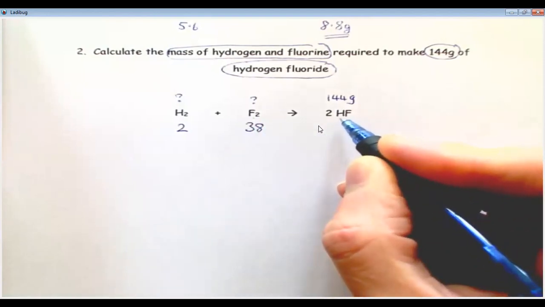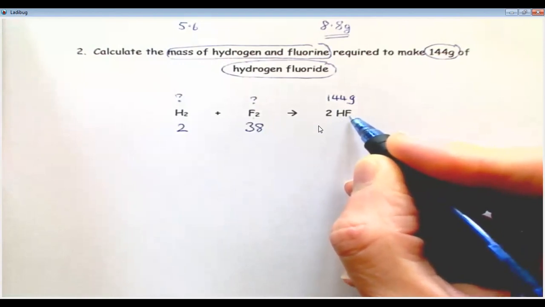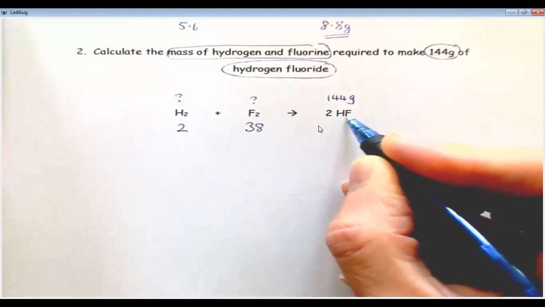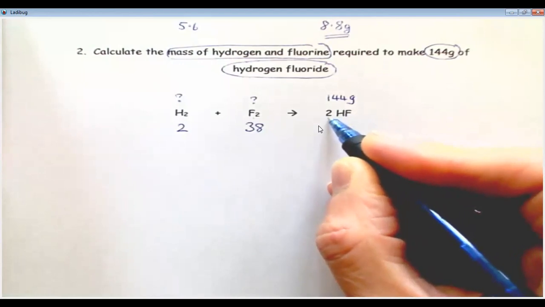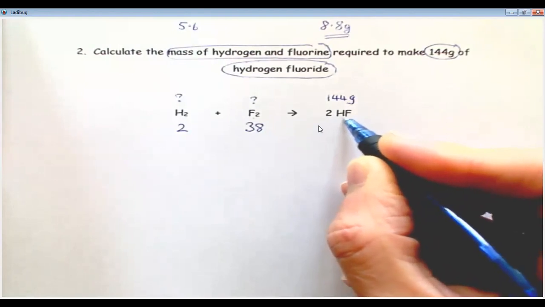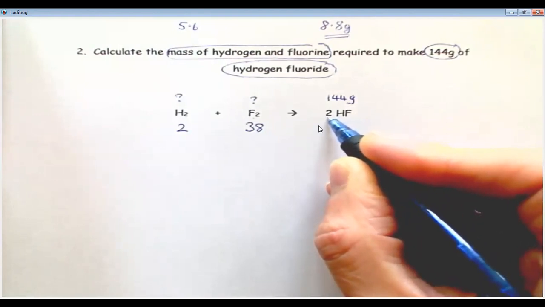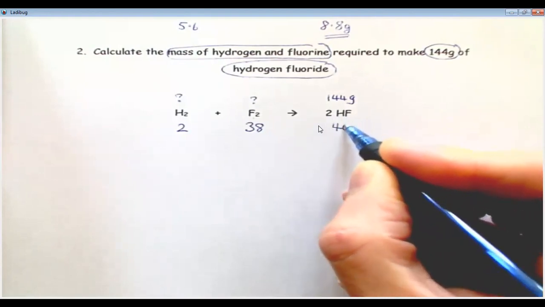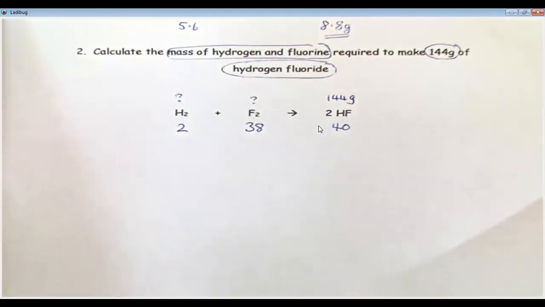And then here we have hydrogen is 1, fluorine is 19, so that adds up to 20. I've got a balance number in front, which says I've got 2 lots of it. So that's 20 times 2, which is 40.